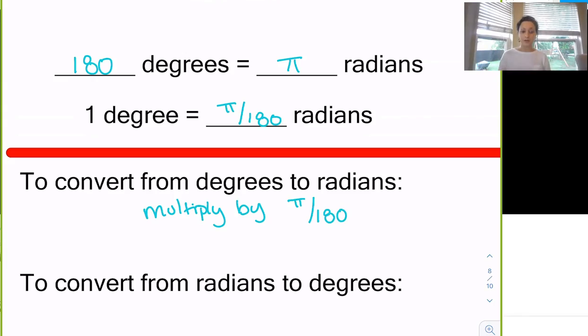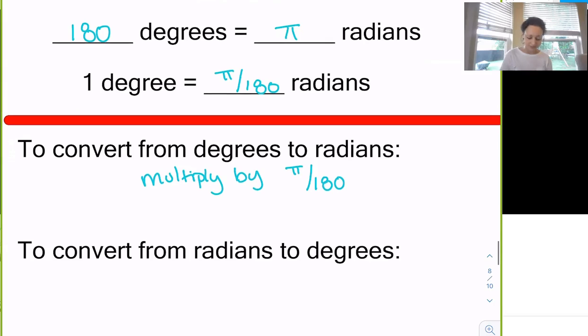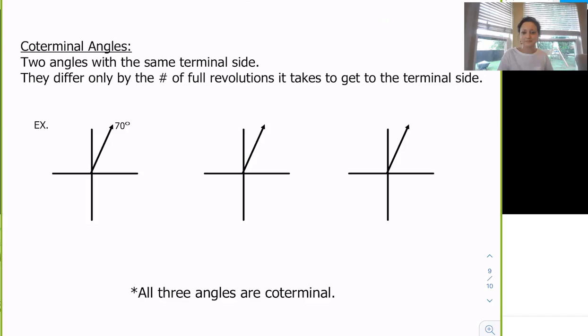If I want to go the other way around, if I want to go from radians to degrees, then I want to divide by pi over 180, or multiply by the reciprocal, right? So I'm going to put multiply by 180 over pi. Okay, I'm going to force a pause on your screen and ask you a question here.